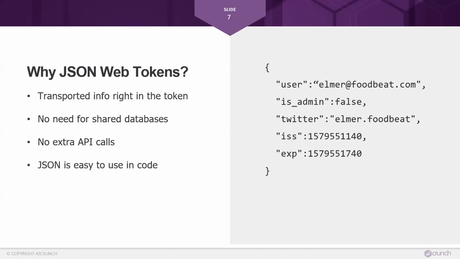So you don't need a shared database, you don't need extra API calls, and everything is contained in the token. For each and every request coming in, you will find all the information needed to process the request. Okay. And JSON is so easy to use in modern programming languages.